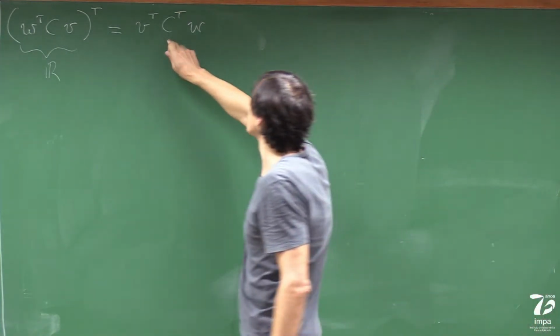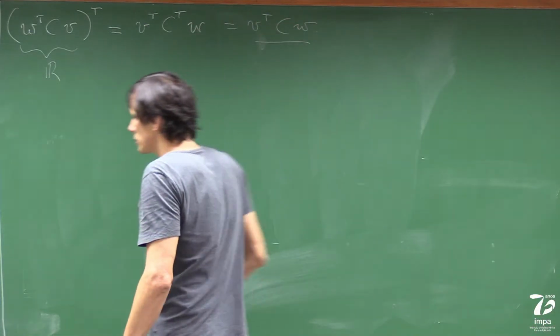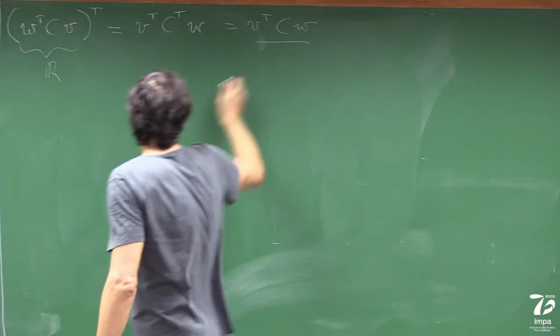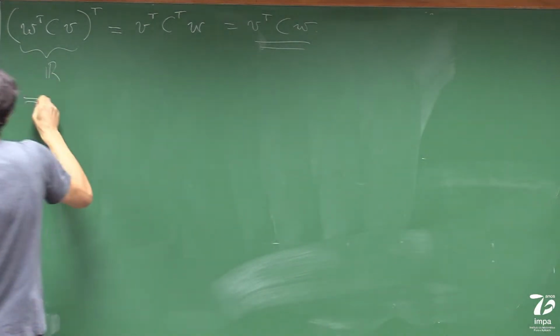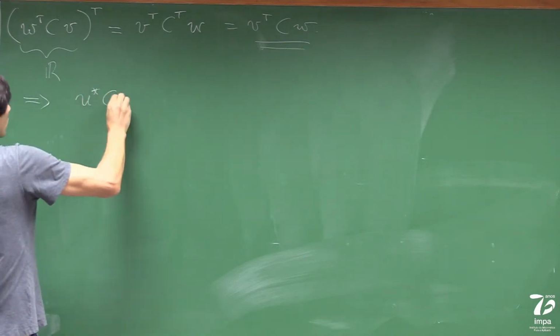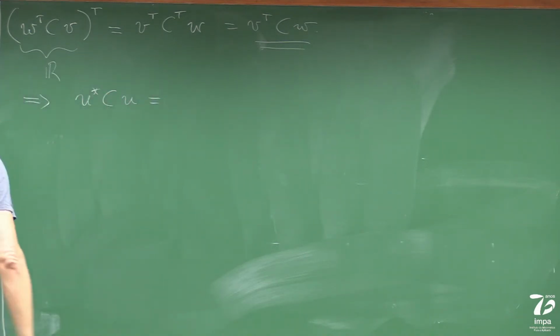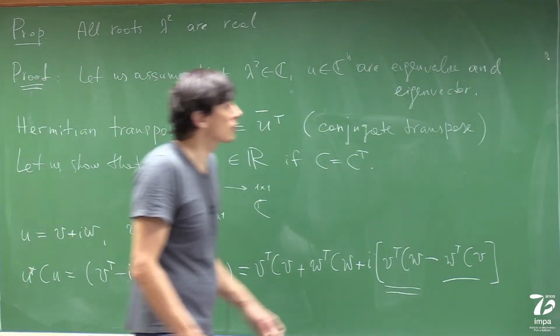And now C is symmetric, so you see that this should cancel the other terms. This is a well-known condition from linear algebra that whenever you take a symmetric matrix, and in general for any Hermitian matrix, if you multiply by U and U Hermitian transpose, you get a real number.